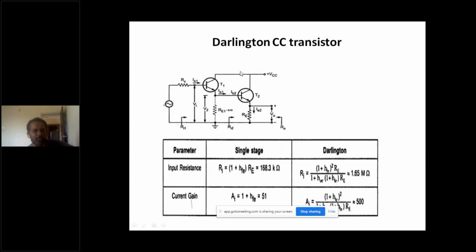On the other hand, the presence of the biasing network reduces input resistance drastically, which should not happen. I don't like this situation. What to do? This particular problem is known as the biasing problem. What is the biasing problem? A reduction in input resistance because of the biasing network. To overcome this problem, we use a technique known as bootstrapping.